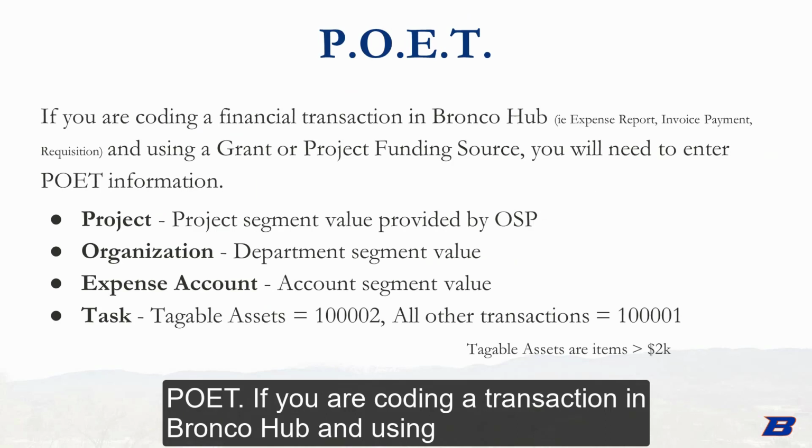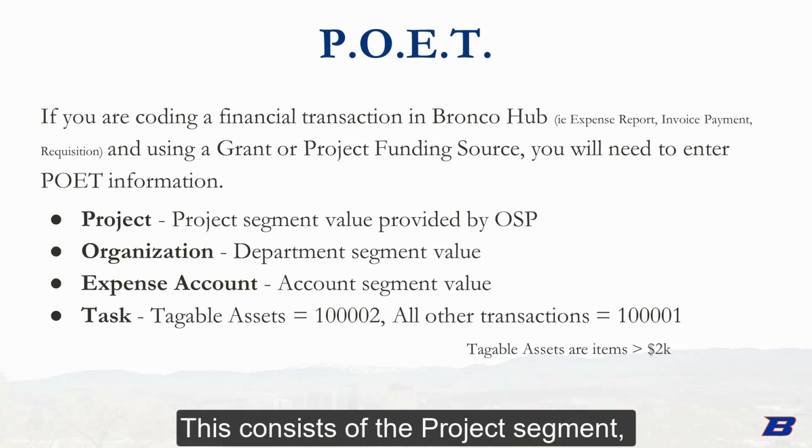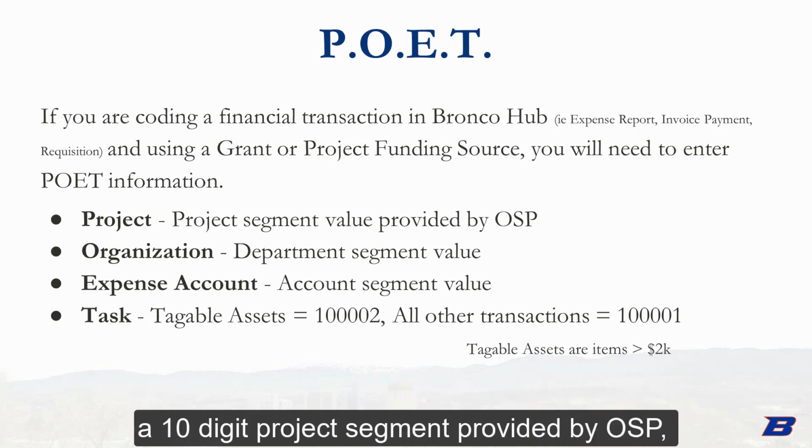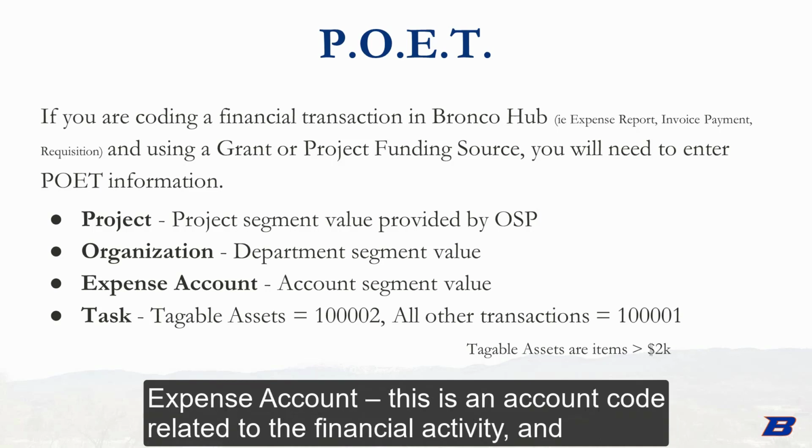POET. If you are coding a transaction in Bronco Hub and using a funding source that is associated with a grant or project, you will need to enter POET. This consists of the project segment, a 10-digit project segment provided by OSP; organization, which is the same as the 5-digit department segment; expense account, which is the account code related to financial activity; and task.